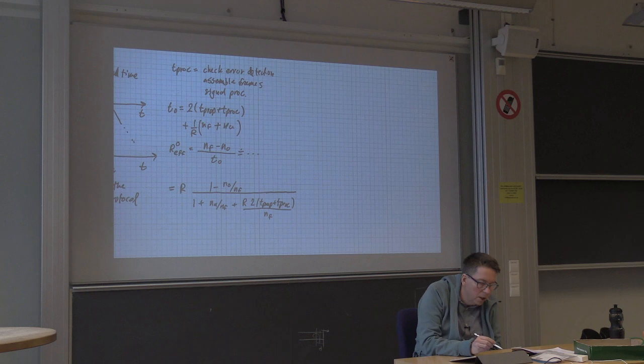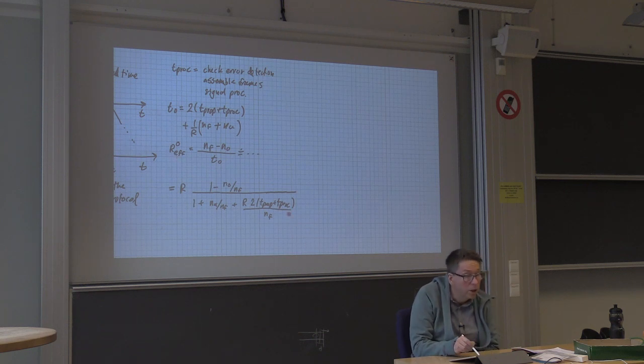So we see here that the effective rate is this expression. So it's proportional to the rate of the layer below us. Okay? And whatever multiplies the rate below us is the efficiency by definition.